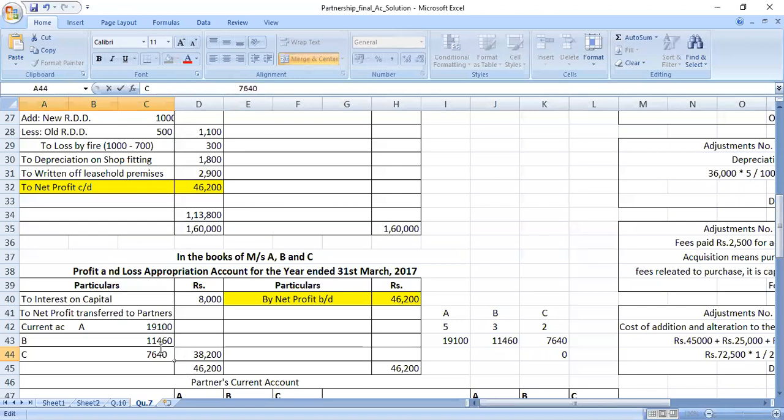Now this net profit we will transfer to partners' current account.